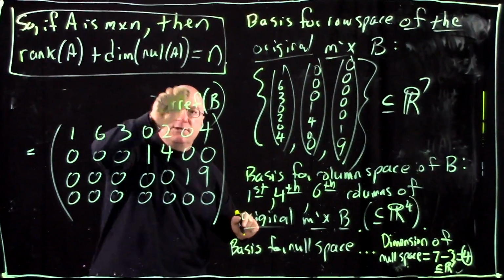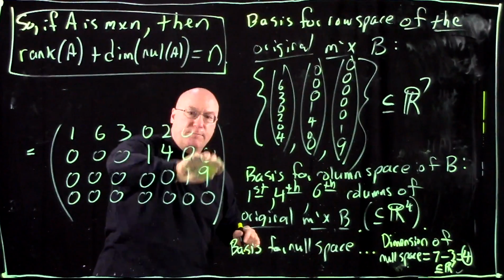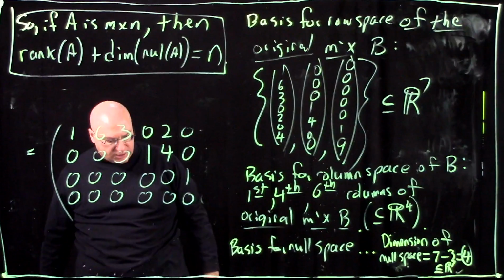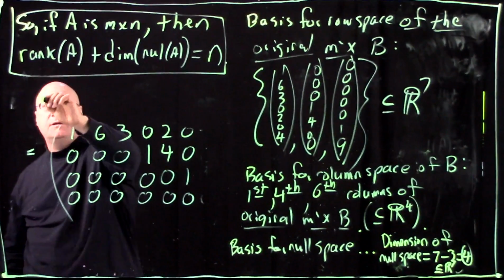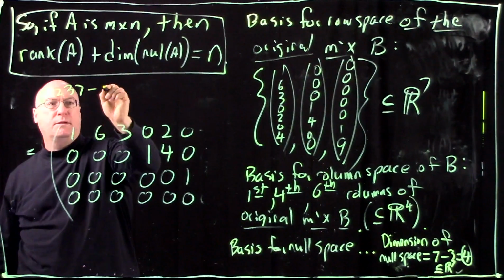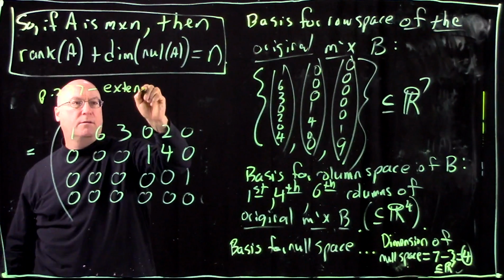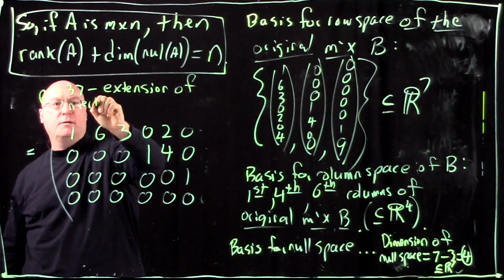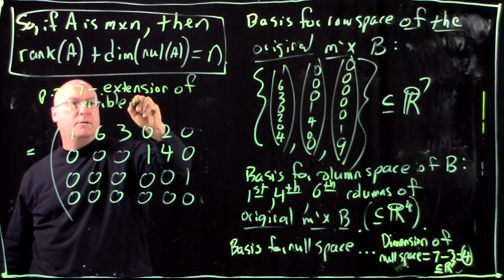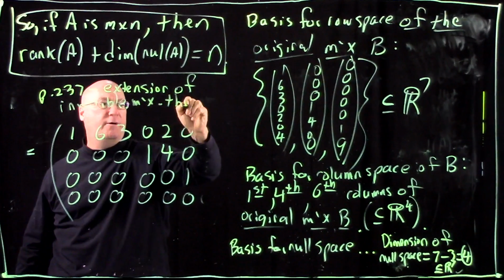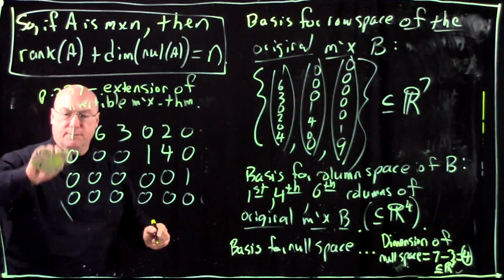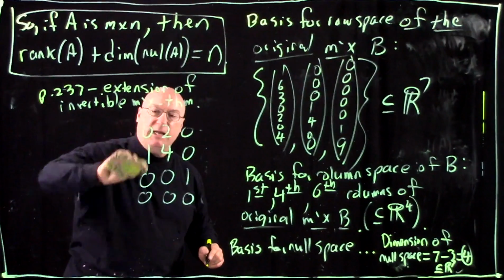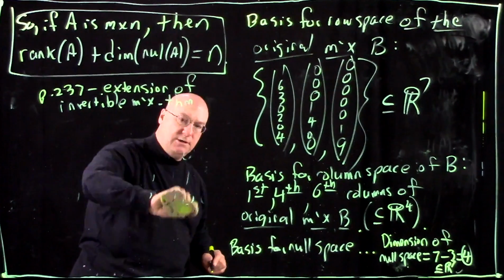And then I also say, please read the extension of the invertible matrix theorem there on page 237. I'm not going to talk about it right now, but it takes all the things you know about an invertible matrix and adds some things to it.